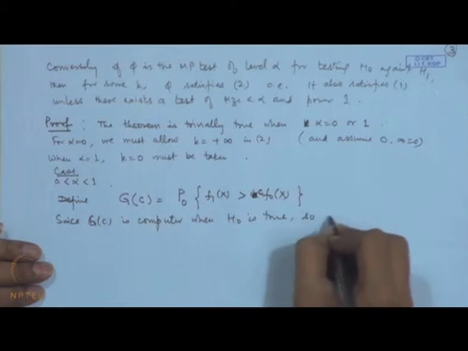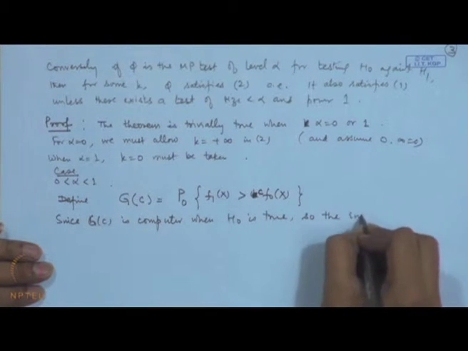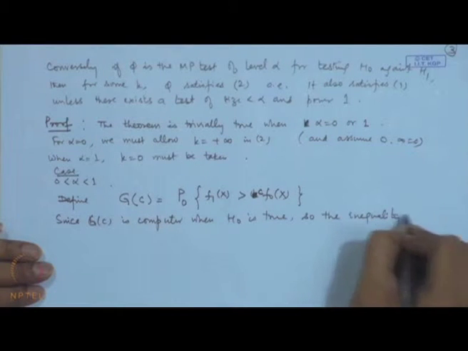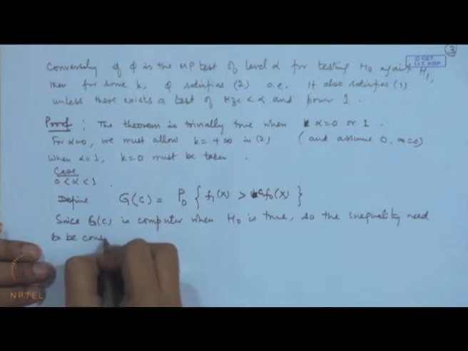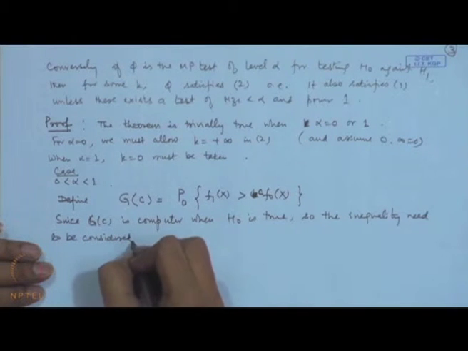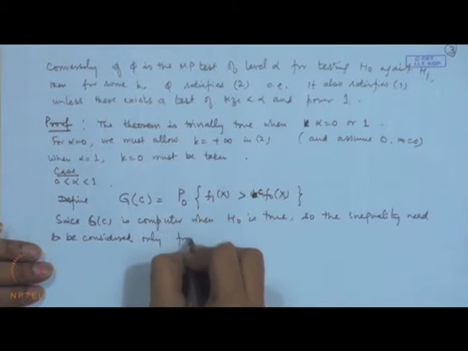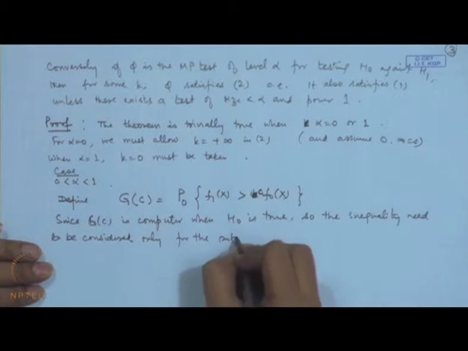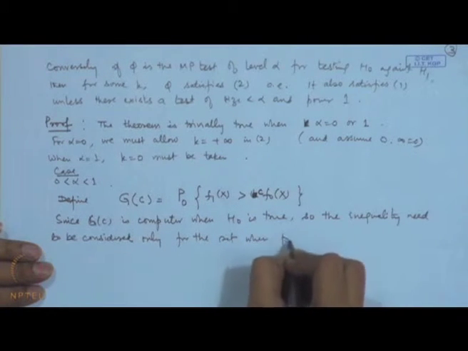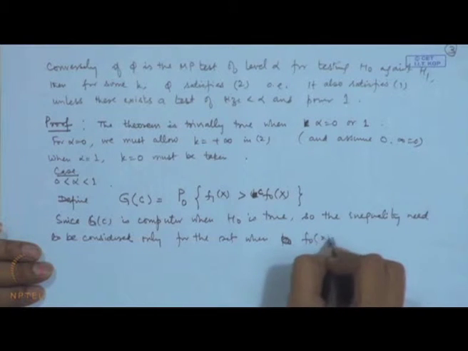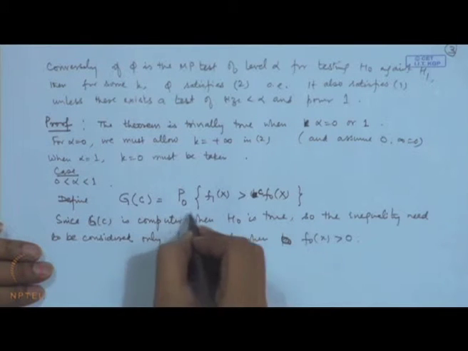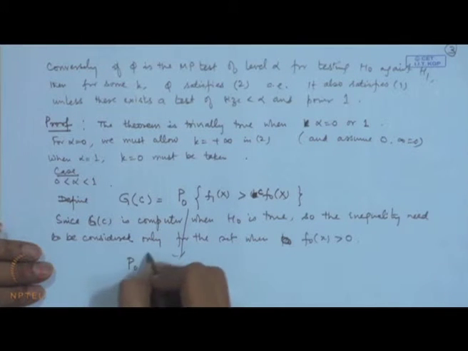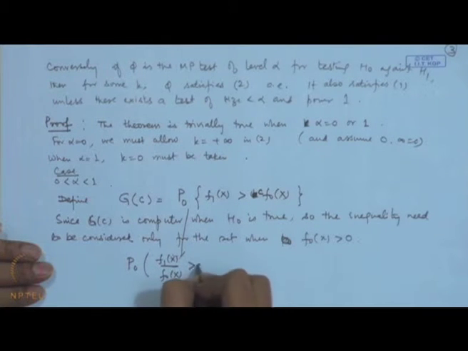So, the inequality need to be considered only for the set when f naught is positive. In that case, this is actually becoming the probability that f1 x by f naught x is greater than c.